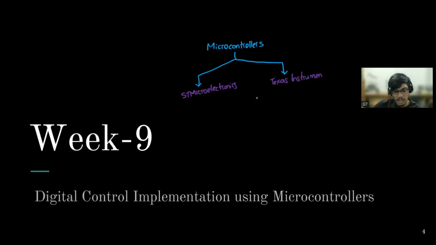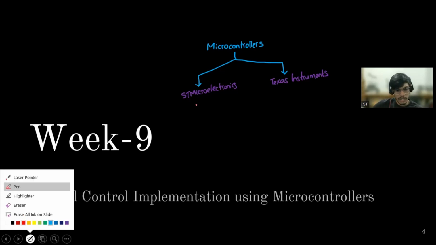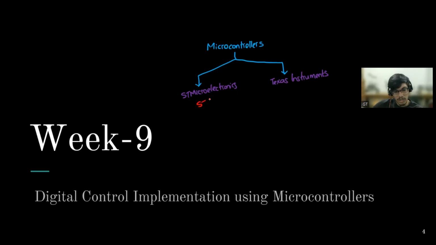So these are two big giants in the microcontroller industry, and their products are highly popular. We'll be discussing these two: here we discuss the STM32 board, and here we'll discuss the C2000 board. First we'll start with this, and then we'll go into the Texas Instruments board.